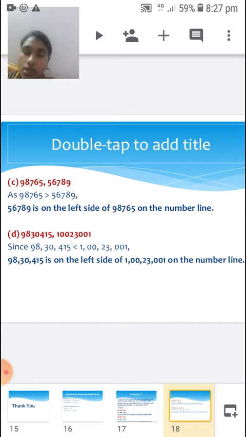Okay, children? Which is the greater number here? Yes, it is obviously 98,30,415. What will be on the left side of the number line? The smaller number will always be on the left side of the number line. So here the smaller number is 10,23,001.